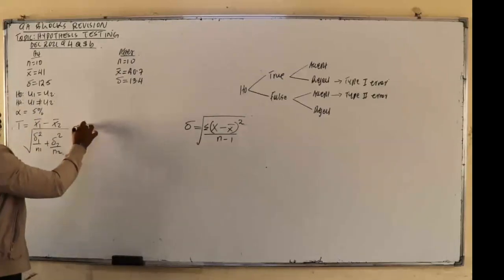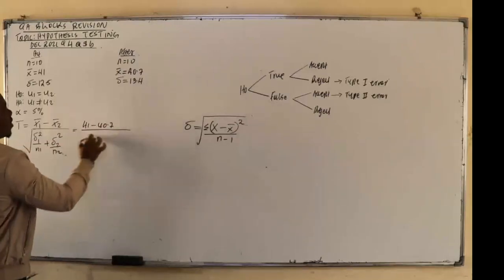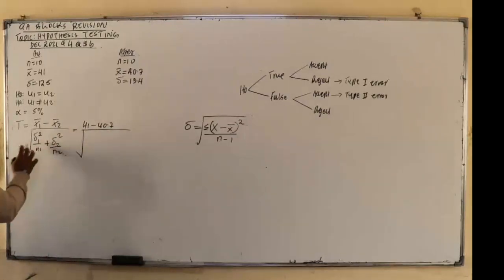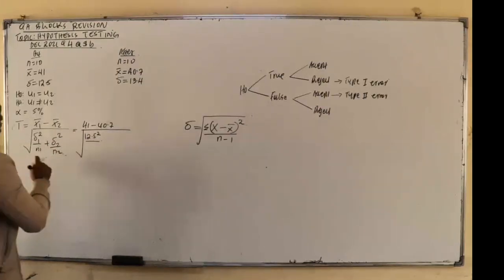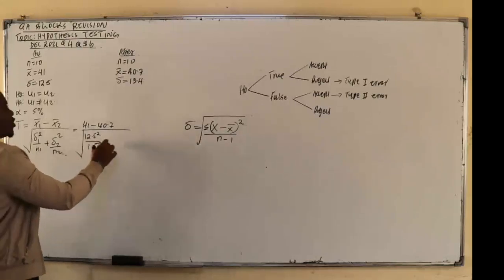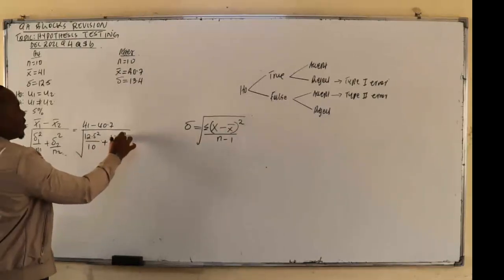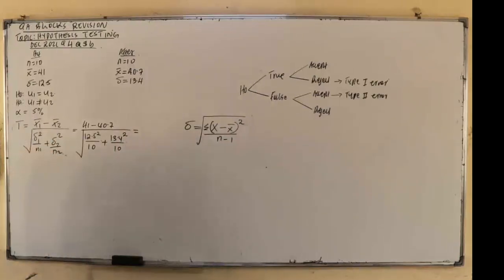So we take 41 minus X bar 2, which is 40.7, over the square root of standard deviation of 1 squared, which is 12.5 squared, over n of 1, n was 10, plus standard deviation of 2, 13.4, squared to get the variance, over n of 2, which is 10. So give me that.